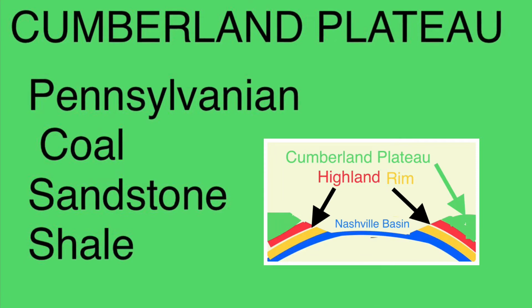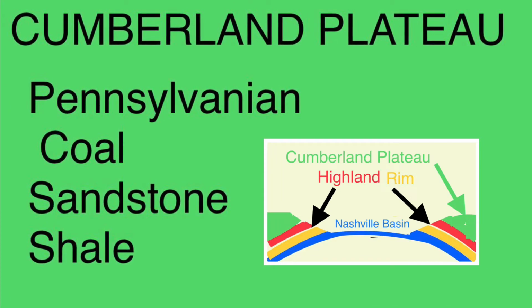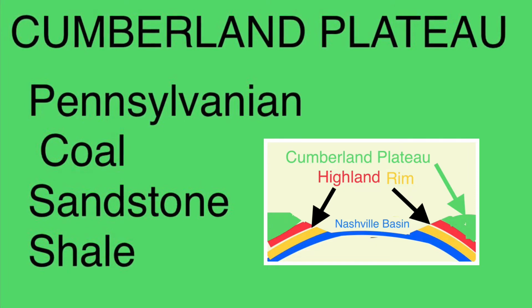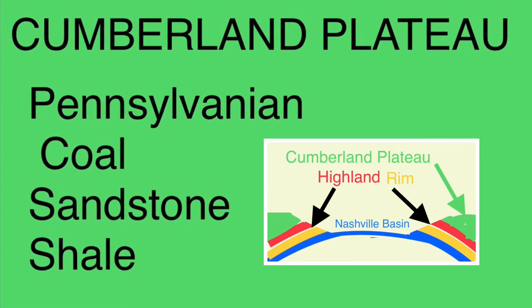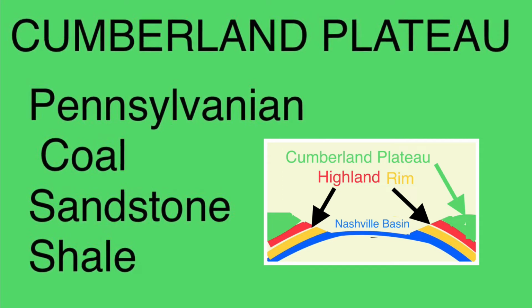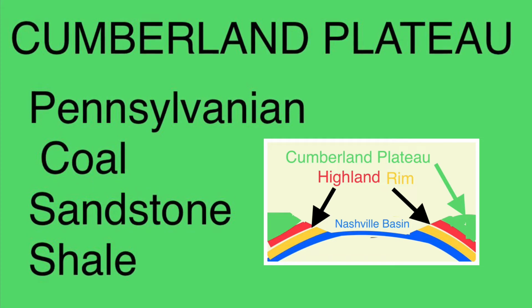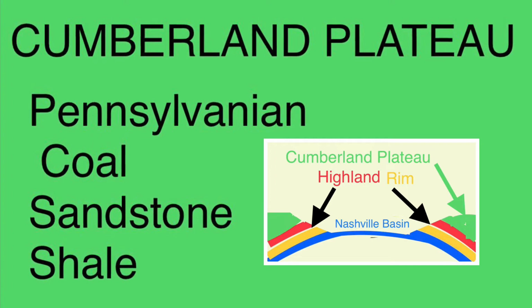The Cumberland Plateau tops the Highland Rim, especially on the east or right side, where it forms the Cumberland Mountains. Here you have the coal, sandstone, and shale that represent the erosion products of the gigantic Alleghenian Mountains, completely filling up the Alleghenian orogeny foreland basin.